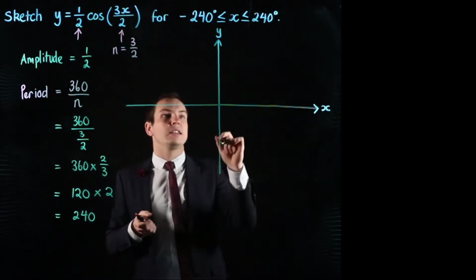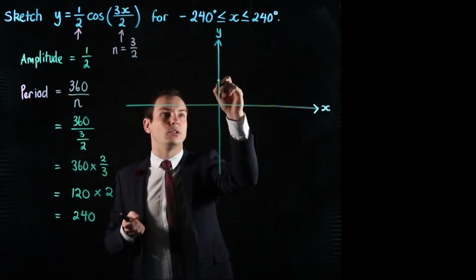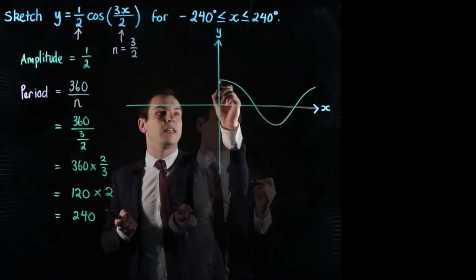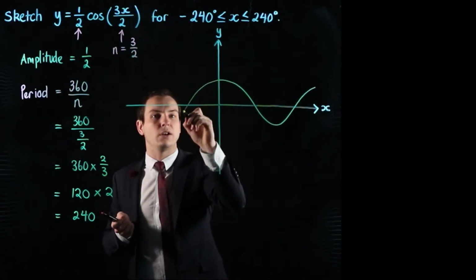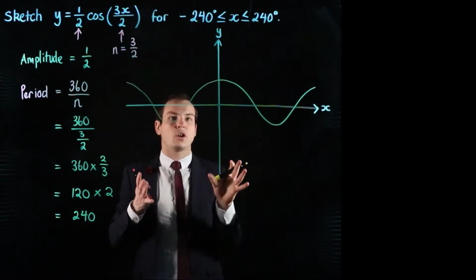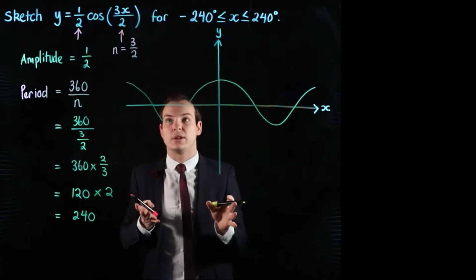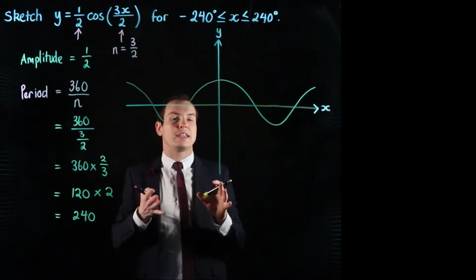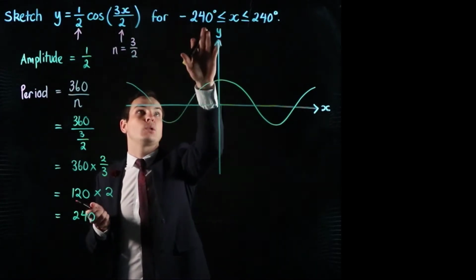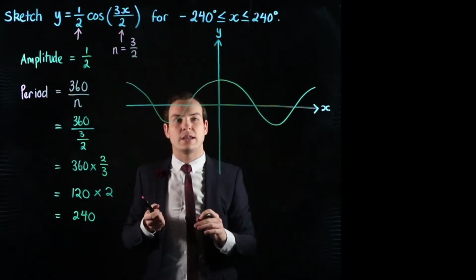So that means that this graph, if we draw half a cycle, would look something like this. And then the other half that would fit on the other side would look something like that. So it's not quite perfect, but it will do the trick for this example. That's the full shape of the graph over 2 periods, or from negative 240 to 240 degrees.